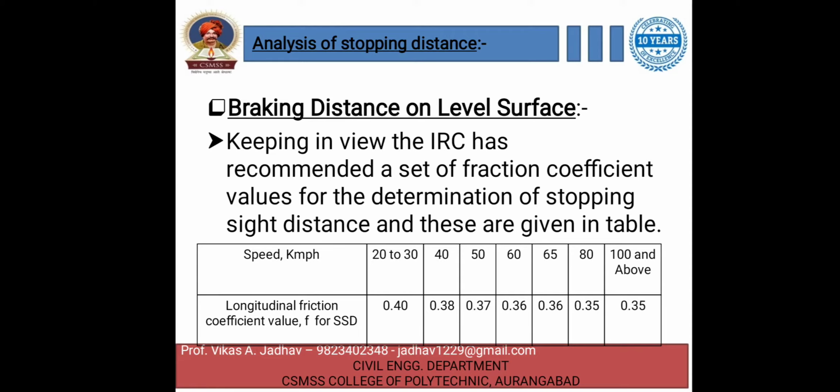In this table you can see the various values of speed, and for that speed the coefficient of friction is also given. For finding the stopping sight distance we can use these values.